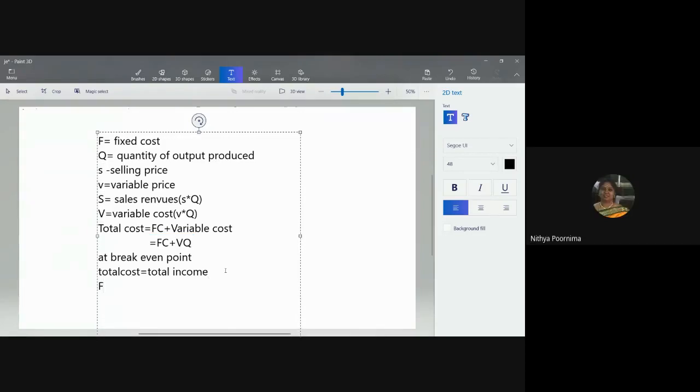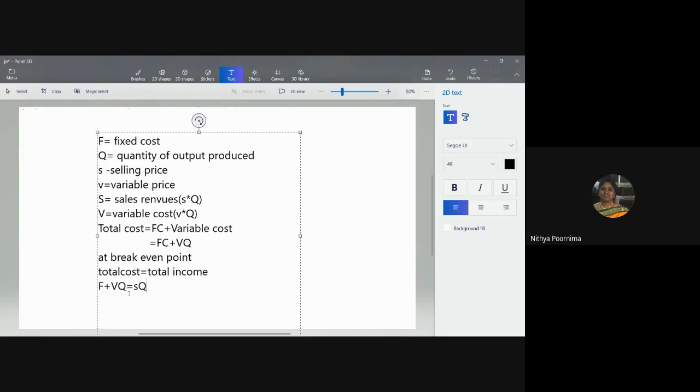Can somebody tell me what is the formula? F plus VQ. Now what is the total income? It is the sales revenue, so it will be SQ, small s into Q. Now what is this Q?